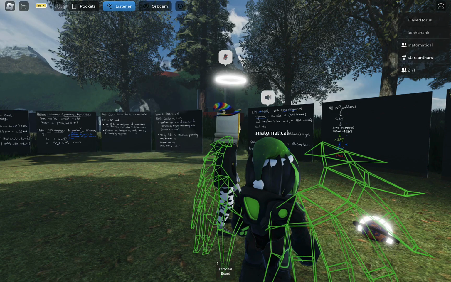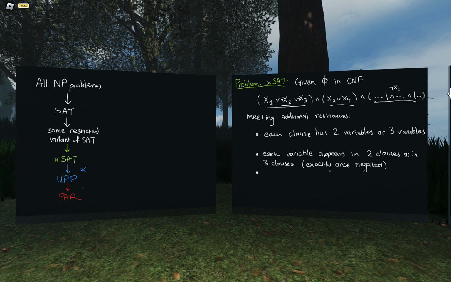So these are some restrictions on the number of variables per clause and clauses per variable. The final restriction, you can actually think of these as restrictions on some kind of graph of the formula. If you have some nodes representing clauses and some nodes representing variables, and a line between them that represents that the variable occurs in that clause, we've basically said that this graph is going to have a very restricted degree on its nodes.